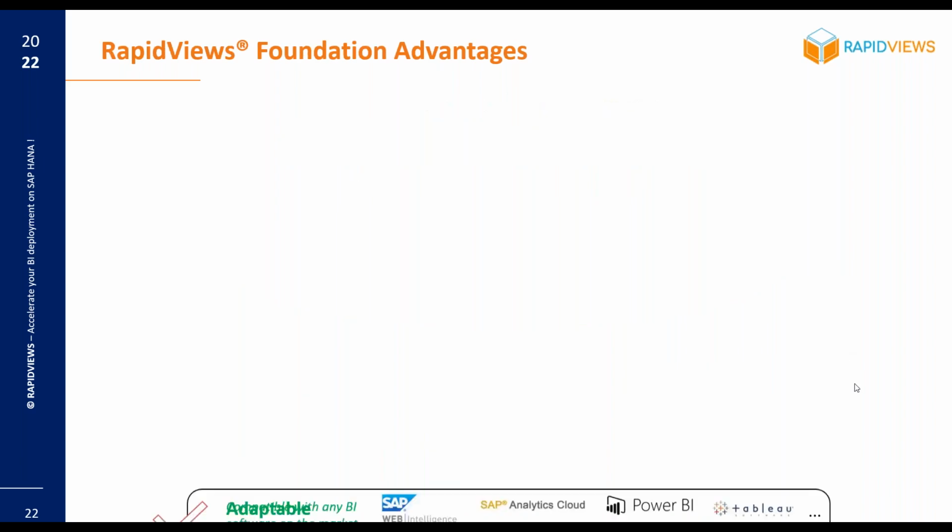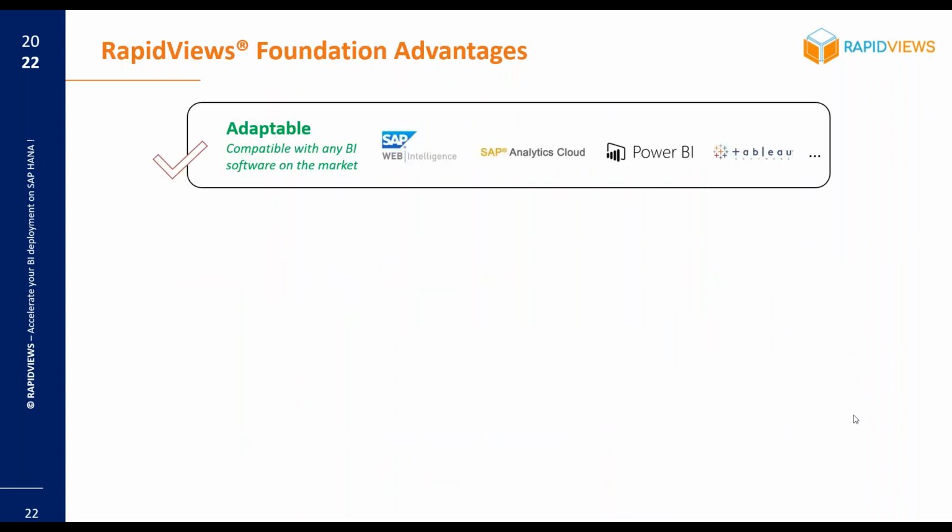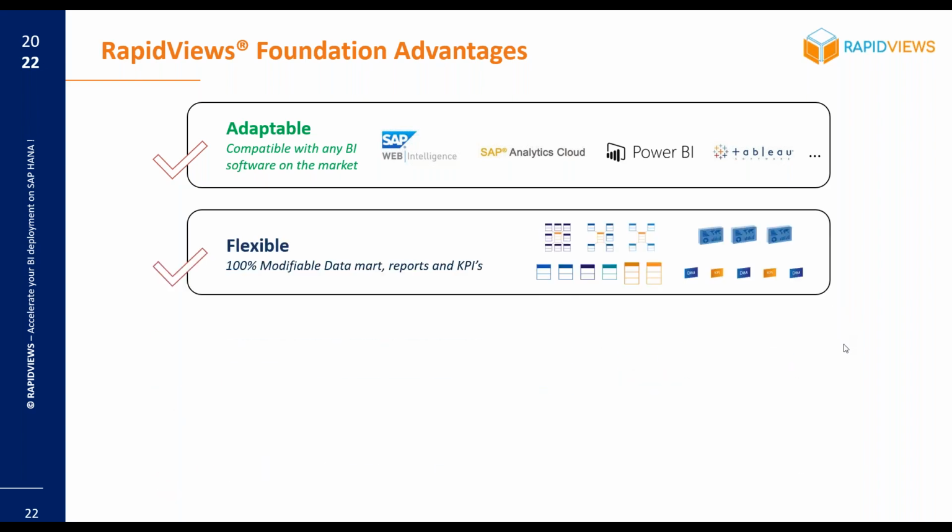So some main advantages, as you can see: it's highly adaptable and compatible with any BI software on the market. As we said before, even with Excel, for example, if you use Analysis for Office, it's compatible as well, because they have a HANA connector. Flexible, so it's an open solution, which means you can easily modify and adjust the data marts according to your specific use.